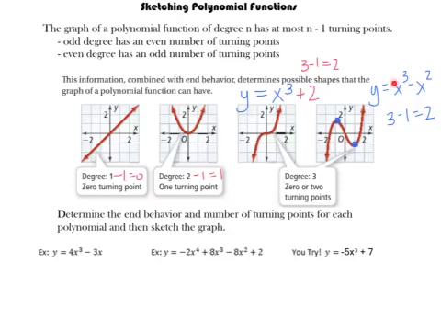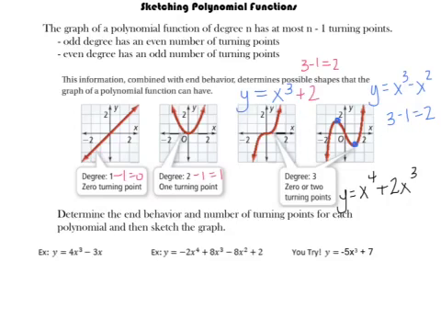If we had a special case, and I'll write it down below, such as x to the 4th plus 2x cubed, let's look at this first. This is not a special case because there's another x in here.